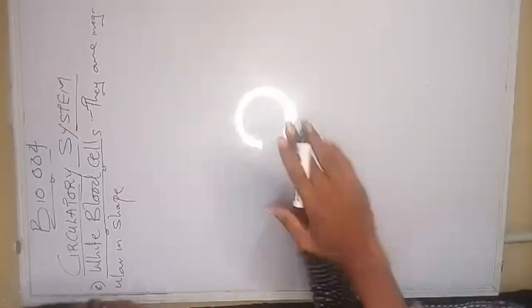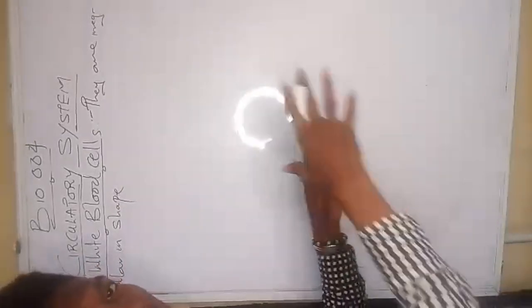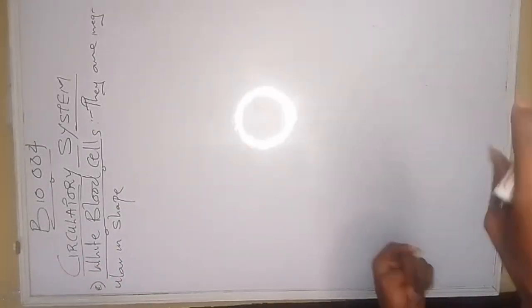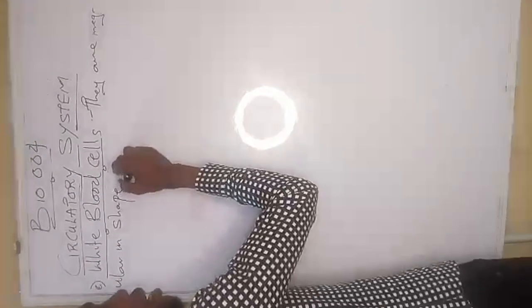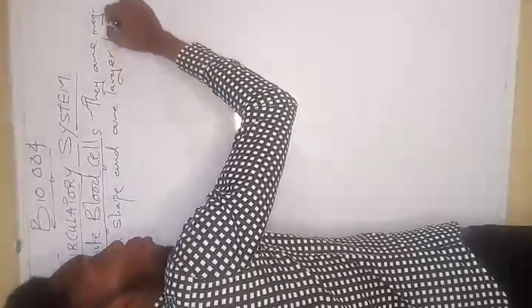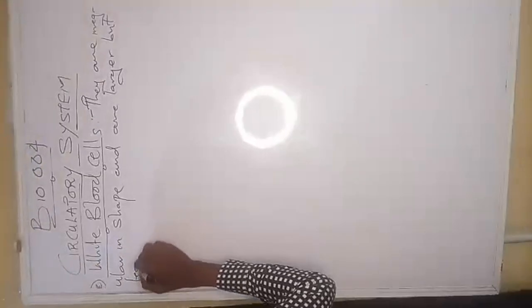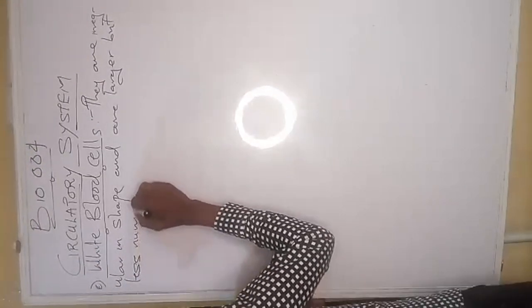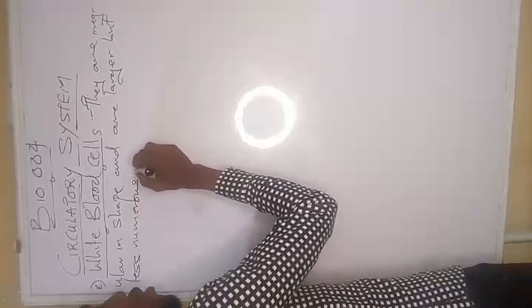That means their shape is not a regular shape. It's just anyhow and changes just like that. Like it's not a specific definite shape. So they are irregular in shape and are larger but less numerous than red blood cells.